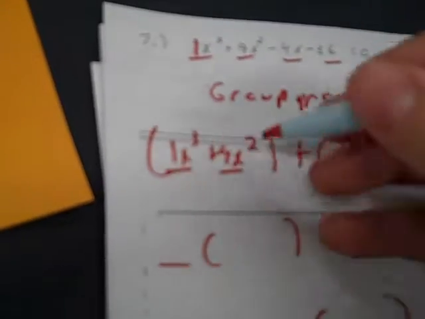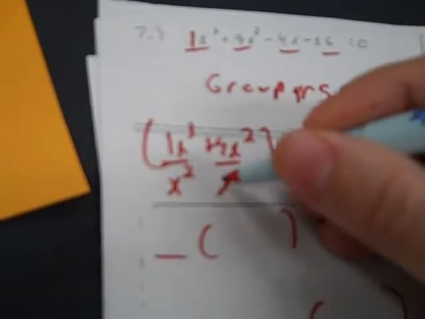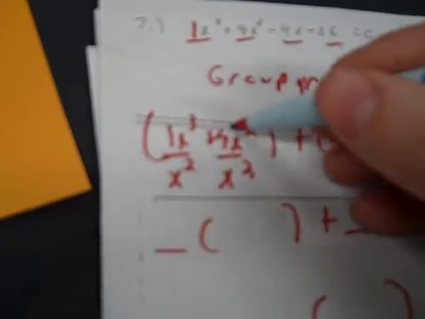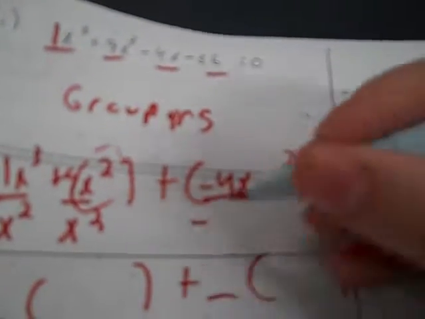Now here you can't divide, so it'd be x squared here, because you take the smaller one. And then negative 4, so you need to divide by negative, and then let's look at 4, 1, 4, 2, and 2. You can divide those both by 4.